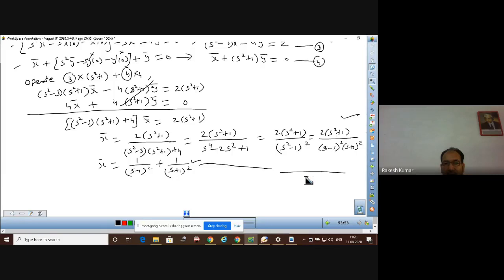Let us simplify it by taking the LCM. This is just to check whether we are getting the same term or not.